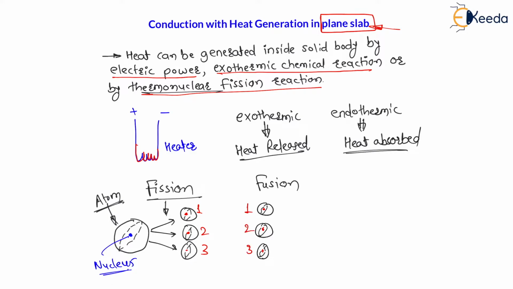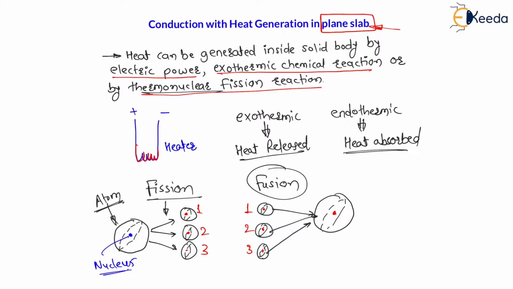I am considering three atoms here. During the fusion nuclear reaction, these three nuclei or three atoms will combine into a single nucleus or single atom, which looks like a spherical shape, with its nucleus at the center.